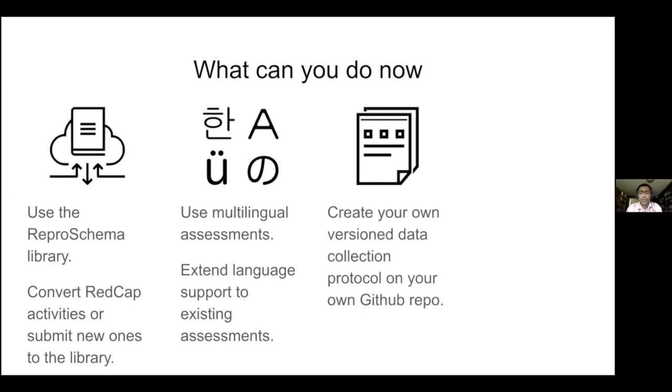You can create your own version of a data collection protocol on your own GitHub repo. What we provide is a set of tools and infrastructure and know-how on how to do this, but you can run with this on your own without interacting with us necessarily. We would love to know what you're doing, but you don't have to be able to use this for your own self.